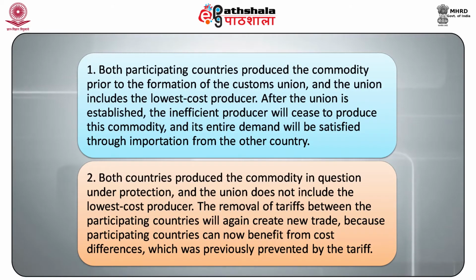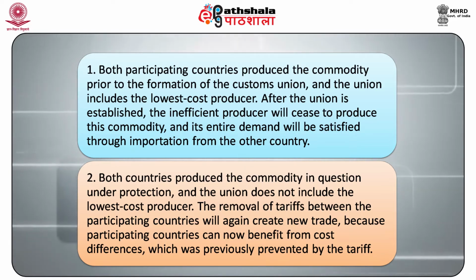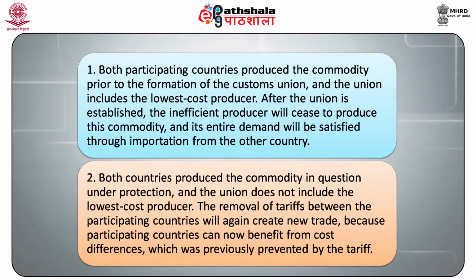First, both the participating countries produce the commodity prior to the formation of the customs union, and the union includes the lowest cost producer. After the union is established, the inefficient producer will cease to produce this commodity and the entire demand will be satisfied through importation from some other country.